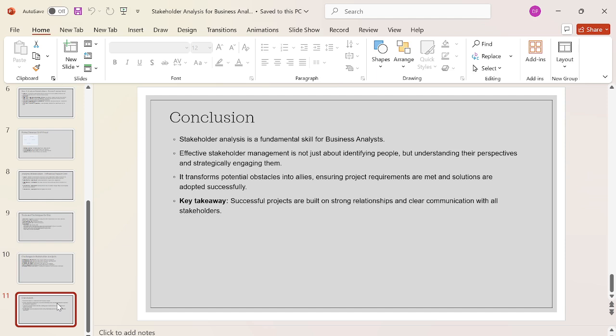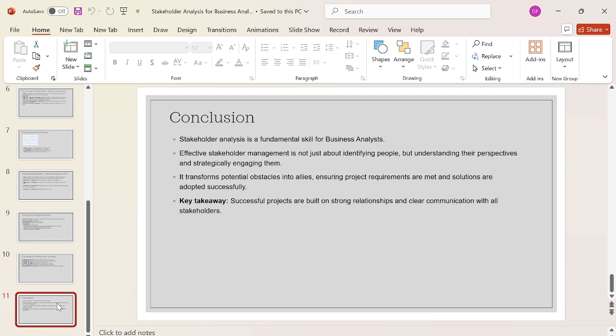Stakeholder analysis is not a simple thing of identifying people and gathering requirements. No, you identify people, do the power grid matrix, the interest and influence matrix, then do the RACI chart, understand their roles and responsibilities and their interest in the project, and accordingly gather the requirements from them, to transform potential obstacles into allies, ensuring the project requirements meet the solution, and adopt a strategy to make the project successful.